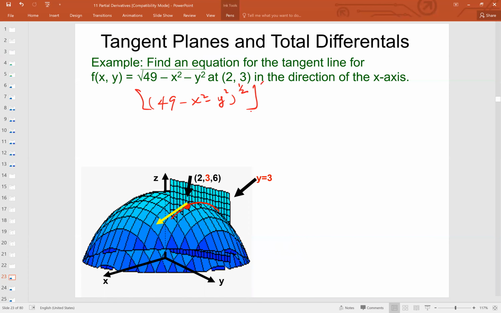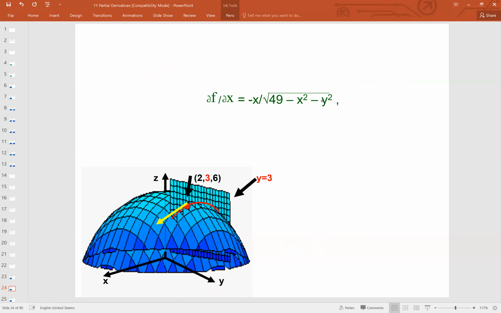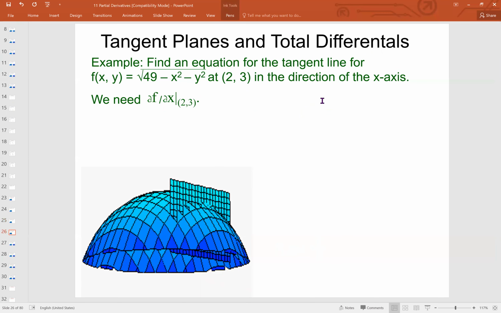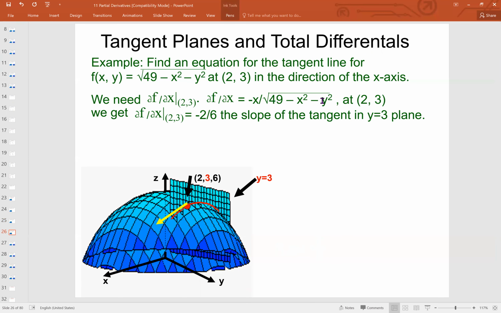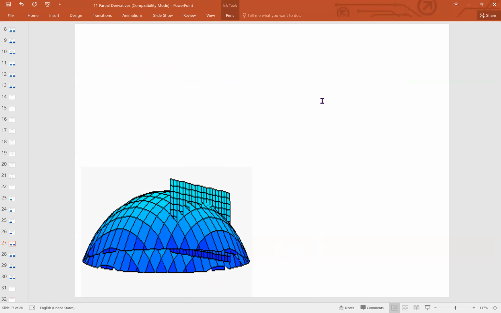The 1/2 comes down, subtract 1/2 from the exponent, times the derivative of the inside, which is minus 2x, and the derivative of y squared is 0. Then the 2 and 2 cancel. Then you plug in the numbers and figure out that the slope is minus 1/3.